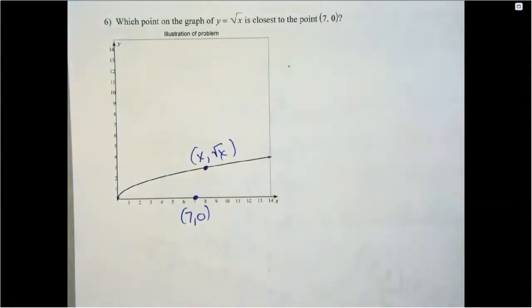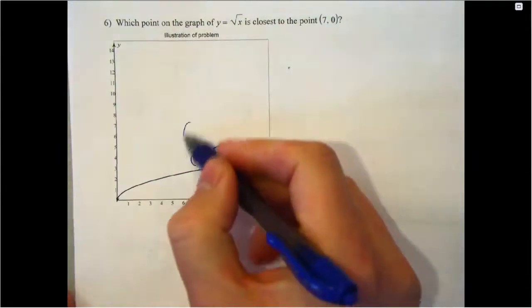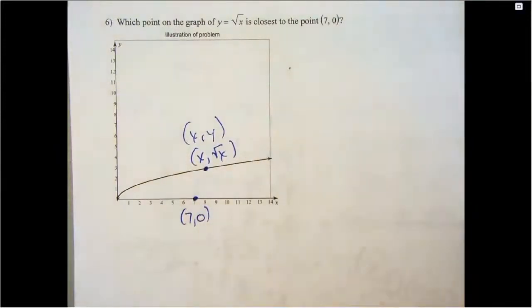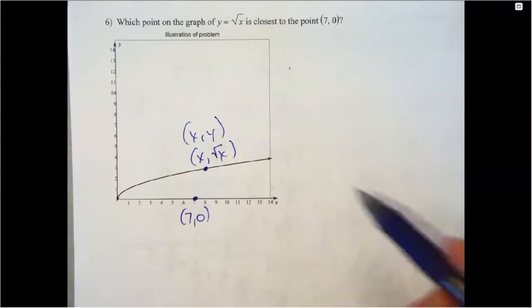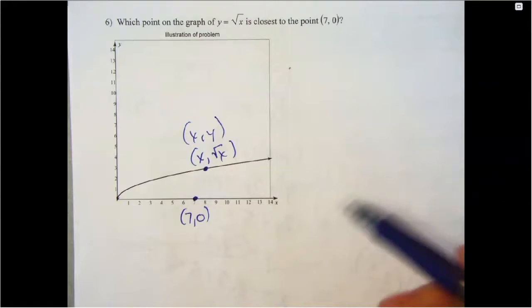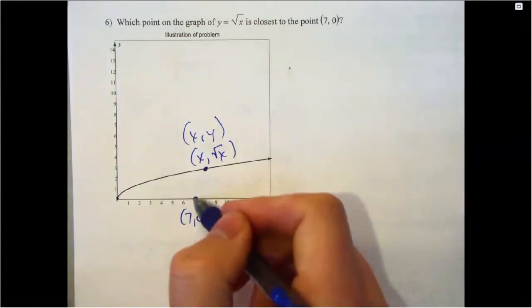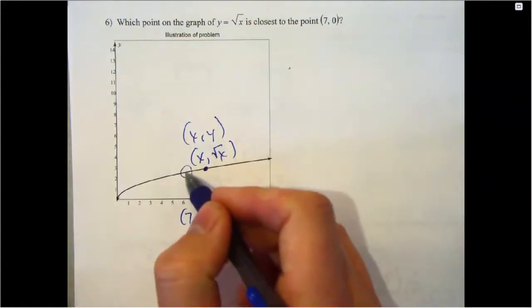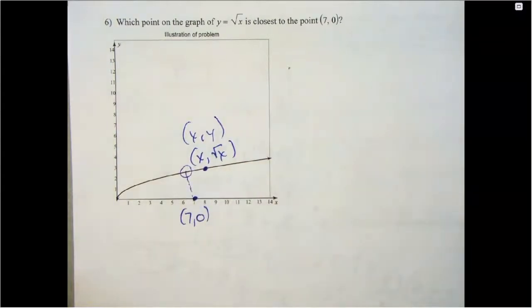You agree with that? It's really x comma y, but what is y equal to? Square root of x. So isn't every single point on here x, square root of x? So what I want is to find the point that's the closest. Probably somewhere around here is the closest point.